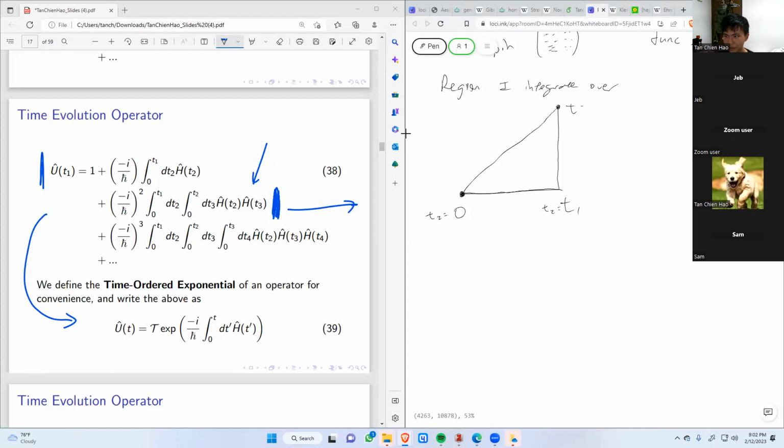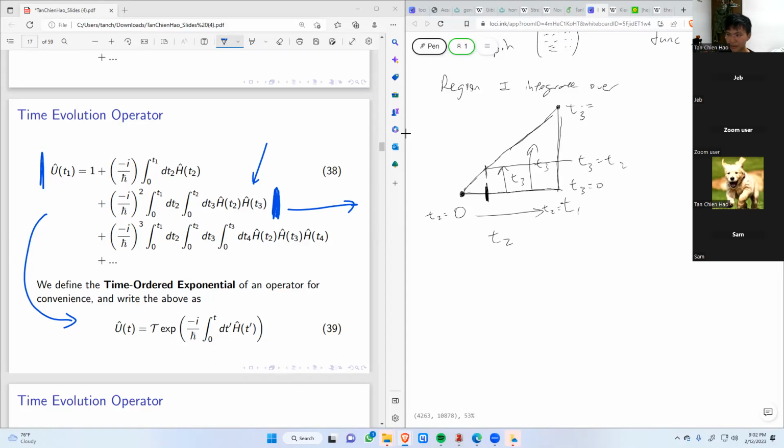So this is t2, and over here, this is t3 equals t. At every point in time, the integral along this direction is for t3. I hope it's clear. T2 goes from 0 to t1, and for each value of t2, I integrate from t3 equals 0 to t3 equals t2.